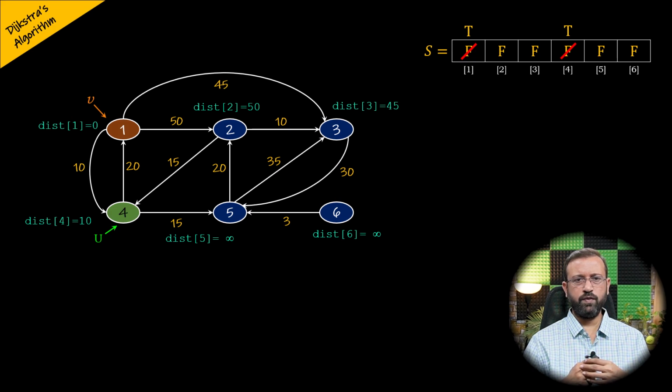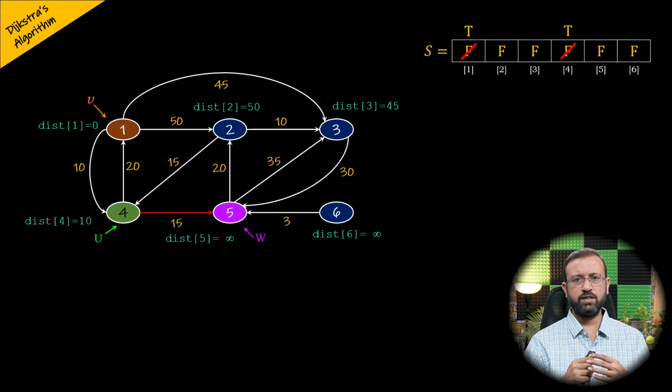Now, we need to find all the vertices W adjacent to vertex U and not in set S. So, we have vertex 1 adjacent to vertex 4, but vertex 1 is in set S because S of 1 is true. Therefore, we do not consider vertex 1. Then, we have vertex 5 adjacent to vertex 4 and vertex 5 is not in set S since S of 5 is false. So, vertex 5 is considered for node relaxation to update the distance.